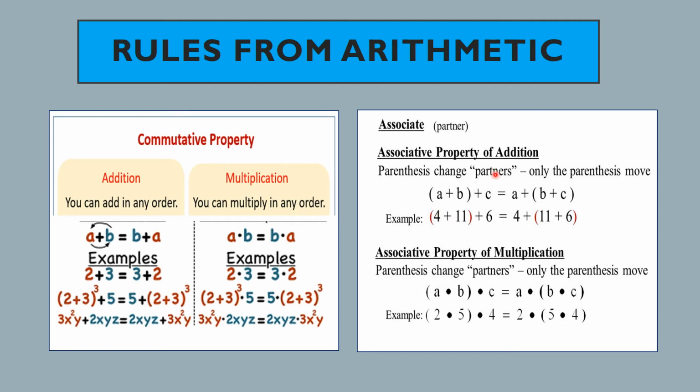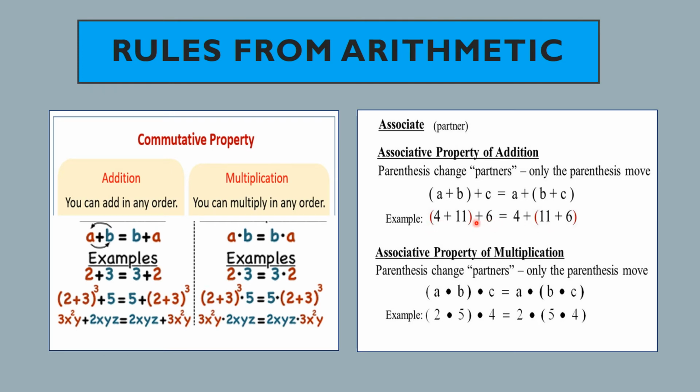Similarly, the associative property. The general rule is made by the formula (a + b) + c is equal to a + (b + c). That is, either you change the order of the bracket and add the first two and then add the next number, or you add the last two and then add the first number. If you change the order of adding, the answer remains the same.